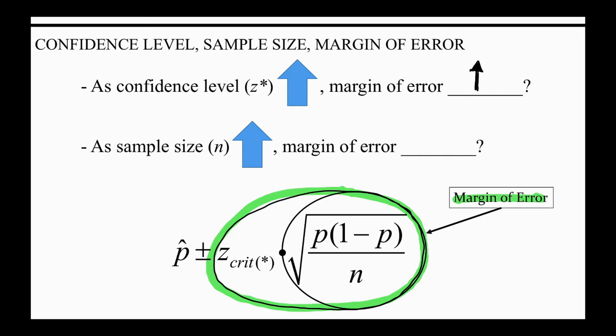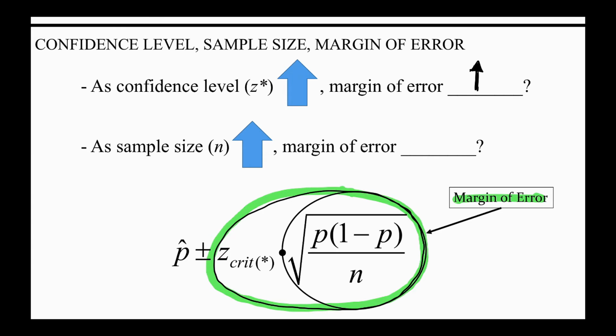Another way is just to calculate the numbers. You can calculate the margin of error here. Always calculate it using just the green part. Okay? As my sample size goes up, what's going to happen to the margin of error? Say what? Goes down. Why goes down?